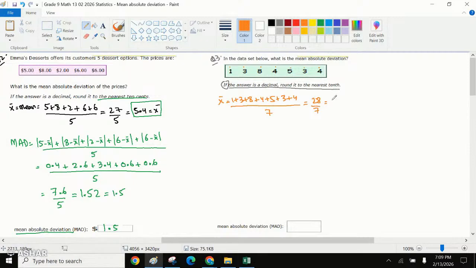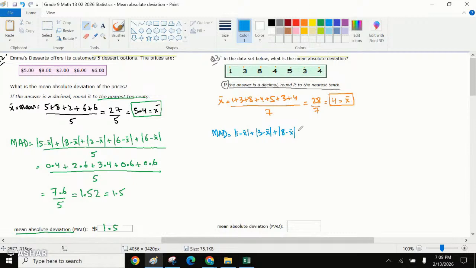That means the mean comes out to be 4. The mean x bar, x with a bar on top, refers to the mean. So for the final step, mean absolute deviation equals |1 minus mean| plus |3 minus mean| plus |8 minus mean|.